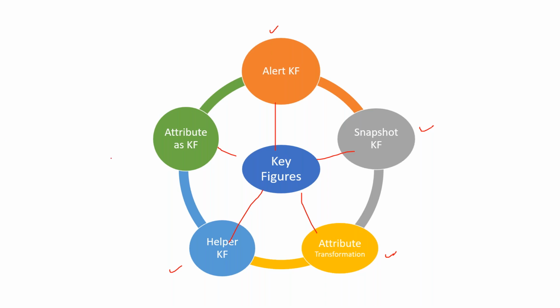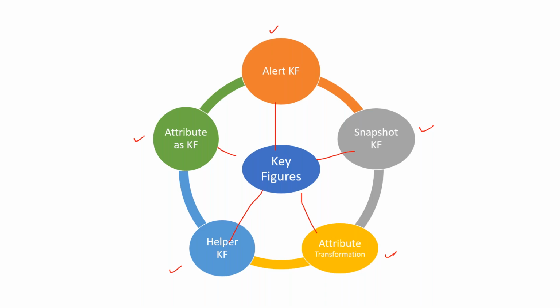And then we have the attribute as key figure. What is this? We can take an attribute and make that a key figure, so that it will have all the key figure properties. Values that are coming from the S4 system might have a static value, like a unit price. I already told that for a particular combination of a customer and product, the product that you're selling to a customer, the unit price can be $125.